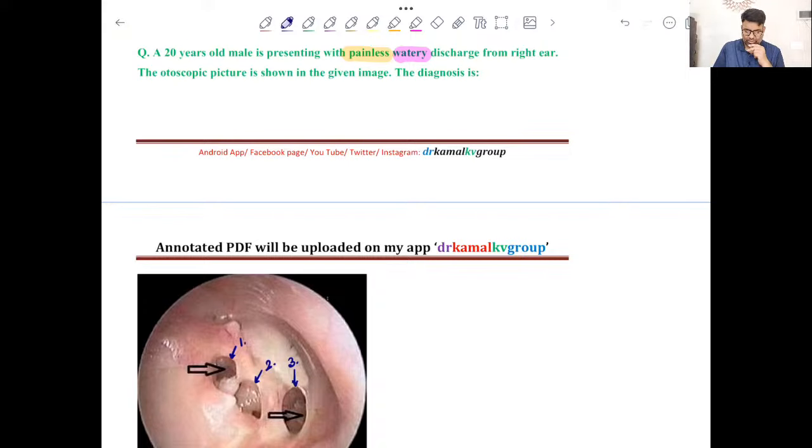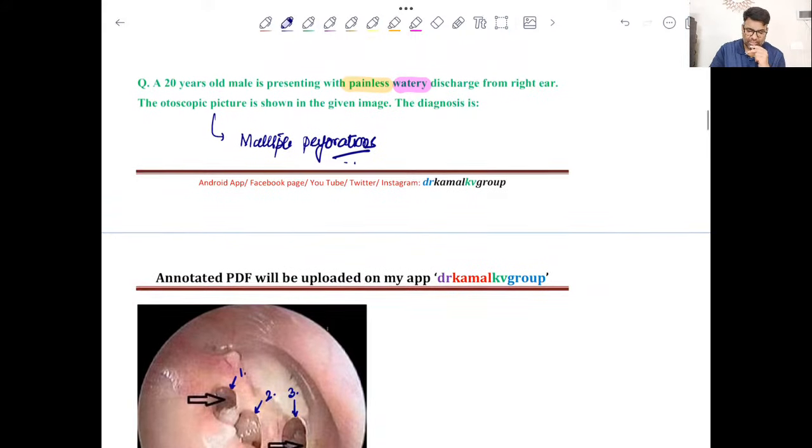So you can easily see that there are three perforations in the tympanic membrane. So your otoscopic impression is that there are multiple perforations.